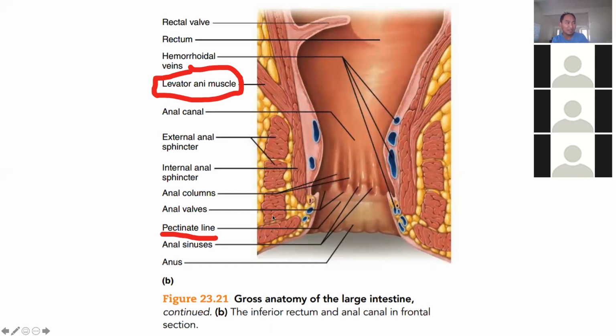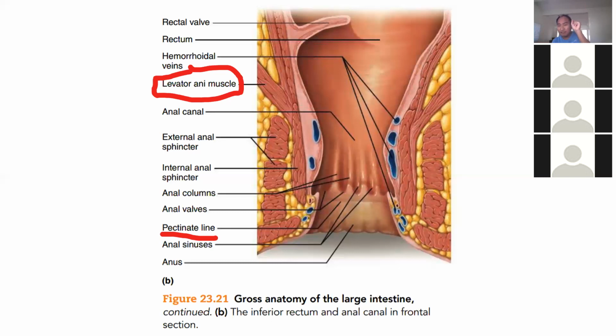Below the pectinate line, outside, the sensation is that of our normal skin. Above the pectinate line, inside, it is the sensation of the autonomic nervous system. So now the sensation is very different.